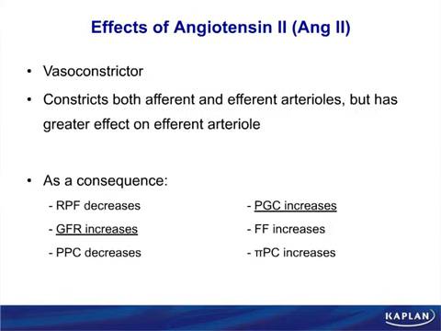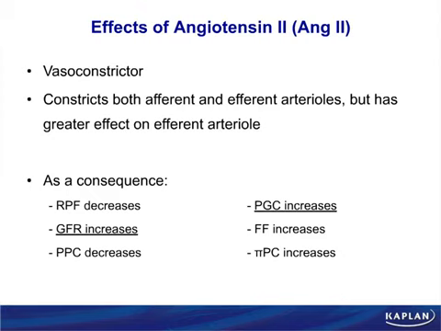Angiotensin II. Let's straighten out angiotensin II. Very potent, powerful vasoconstrictor. Vasoconstricts everywhere in the body, in the peripheries. Increases TPR. Increases afterload. Okay? It does vasoconstrict both afferent and efferent, but mostly efferent arterioles. What's the major effect of angiotensin II?